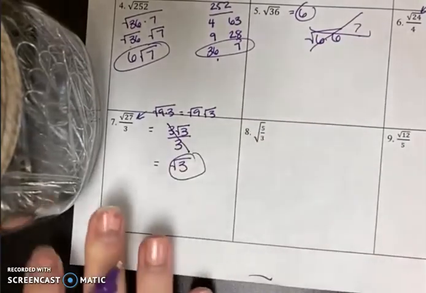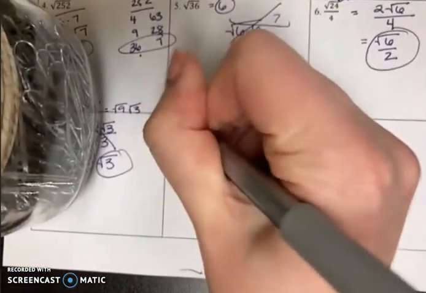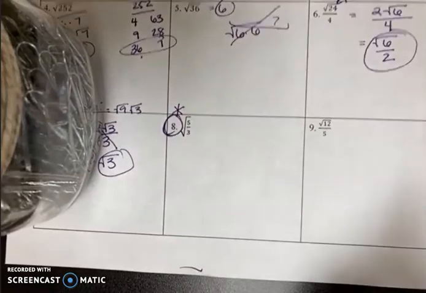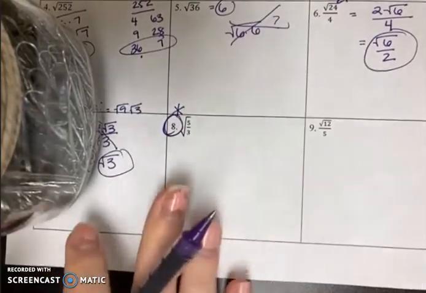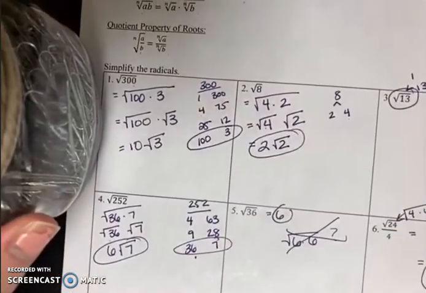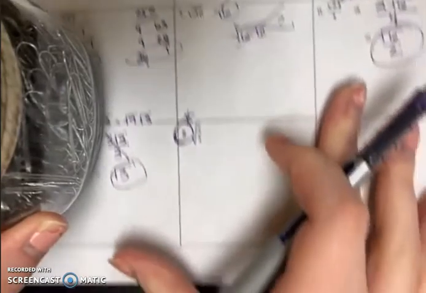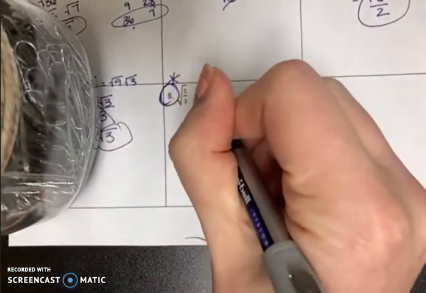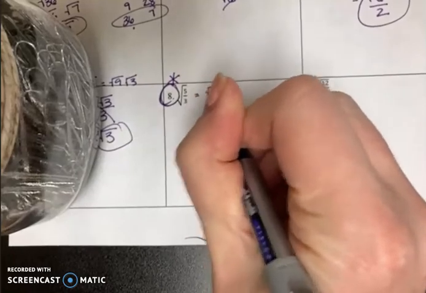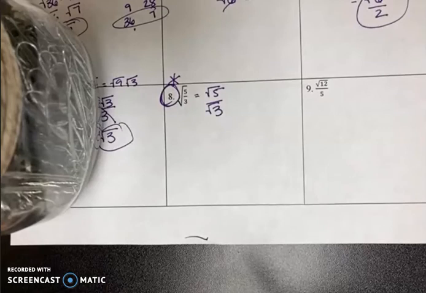Okay, number 8. This is something that many of you struggled with, so I would circle that or star it or something. This is quotient property. So quotient property is right up here if you need a little refresher. It says that we can split it up, just like how we've been doing product property where we split it up. So this becomes root 5 over root 3. Square root of 5 does not simplify any further.